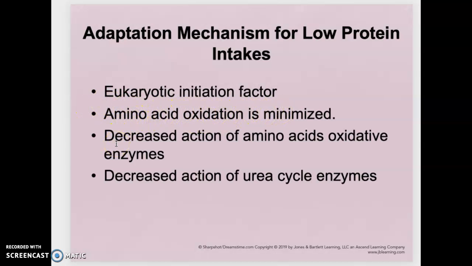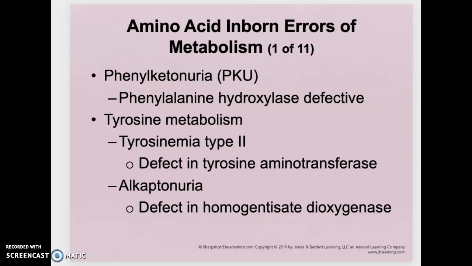We're also going to decrease how well those oxidative enzymes work to be able to decrease amino acid oxidation. And then we're going to make the urea cycle not work as efficiently. So we're not going to be breaking down amino acids to create ammonia or to create urea as readily so that we can conserve protein.